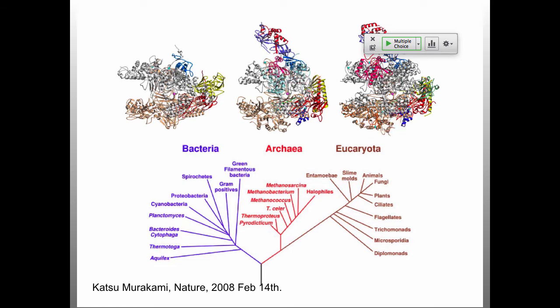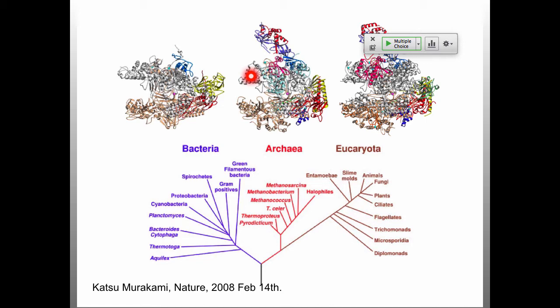But it turns out that those are extremely similar to each other inside each of those individual domains of life, and so similar structures, likely to be similar functions, and also probably something that was present down here before the dispersion of all of these different domains of life.